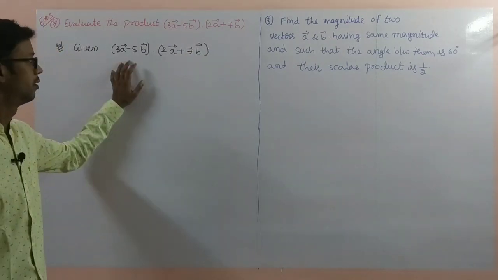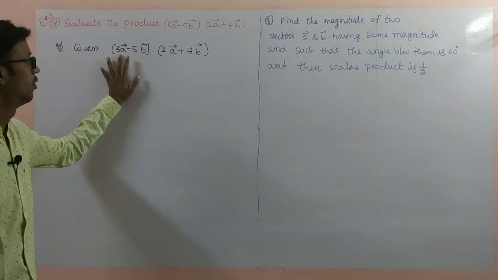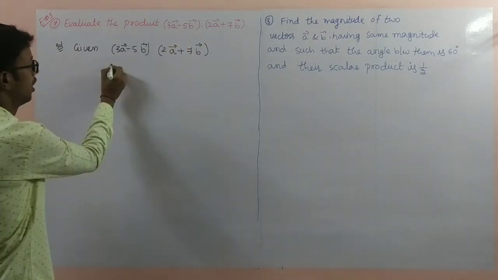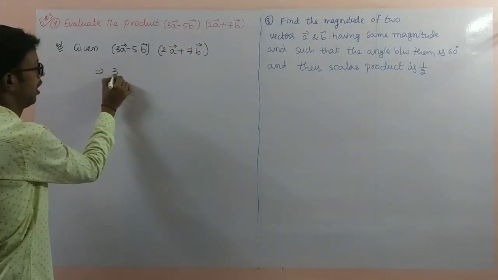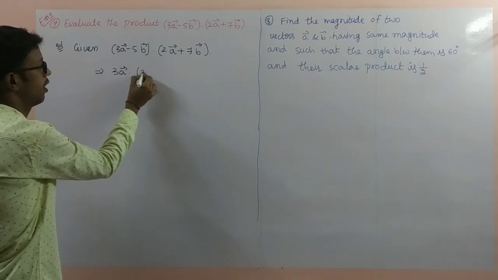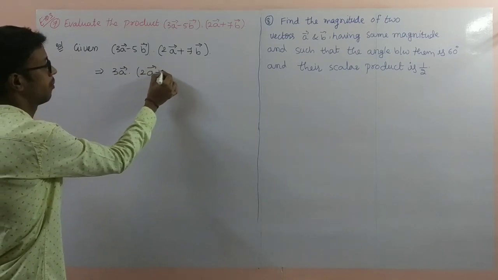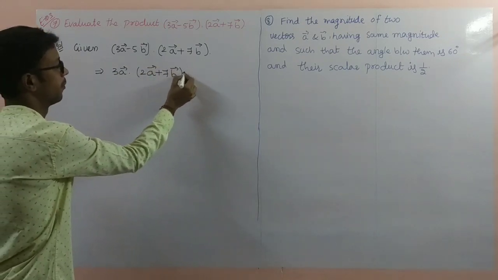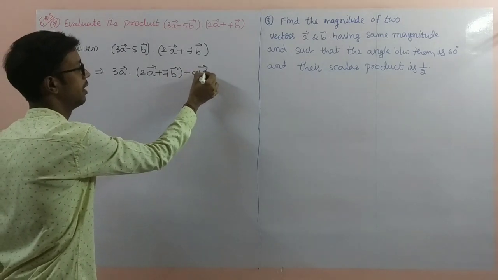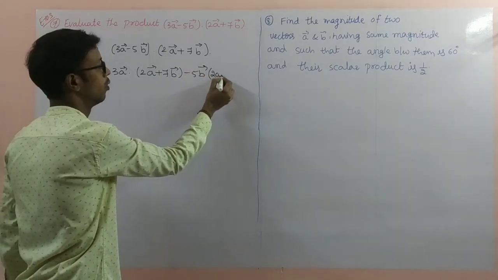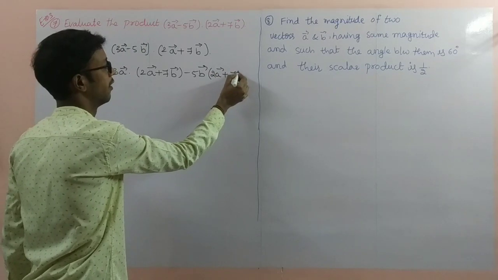So just like the product, how will we do it? First value with total. So that only you write 3a bar dot product with (2a bar plus 7b bar) minus 5b bar dot (2a bar plus 7b bar).